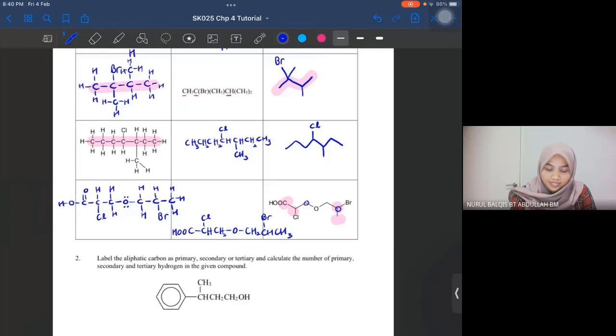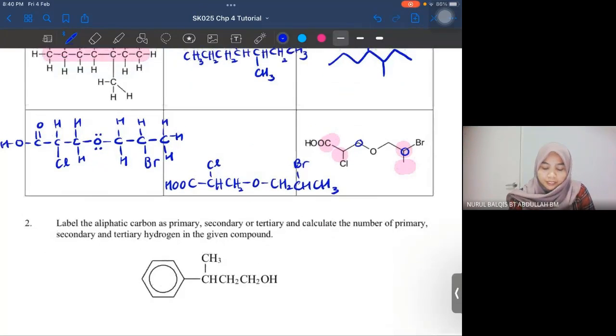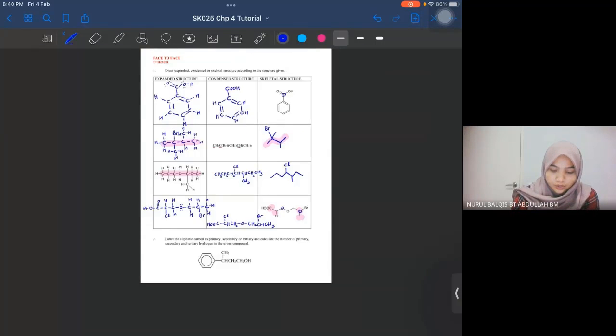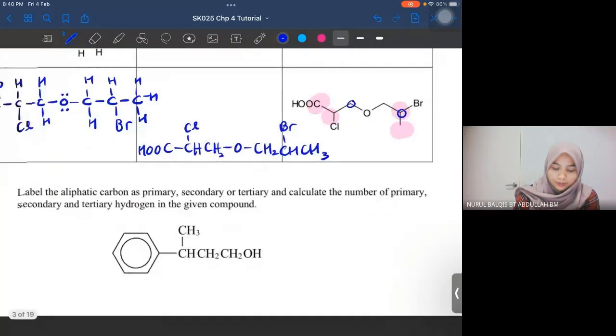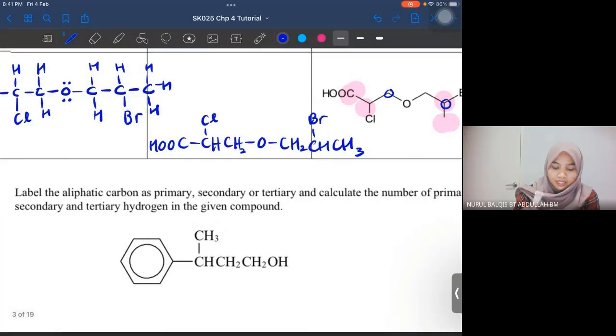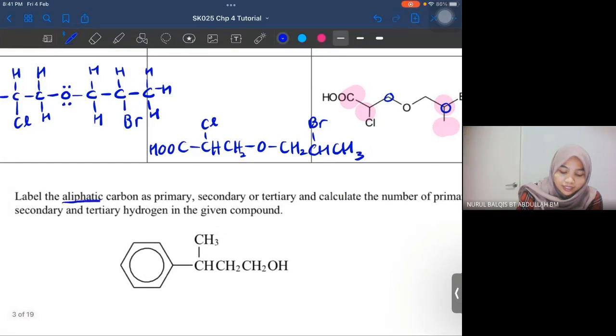Okay, next. Label the aliphatic carbon as primary, secondary or tertiary and calculate the number of primary, secondary and tertiary hydrogen in the given compound. So, untuk case ni, dia minta aliphatic carbon. Bila sebut aliphatic, open chain. Okay? Aromatic, closed chain.